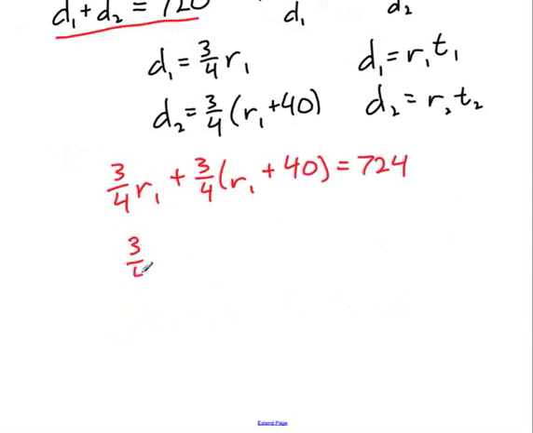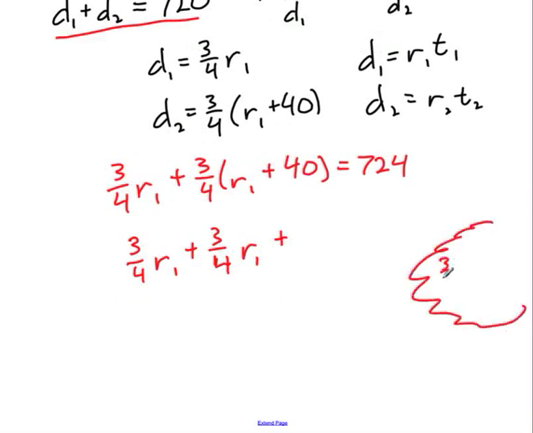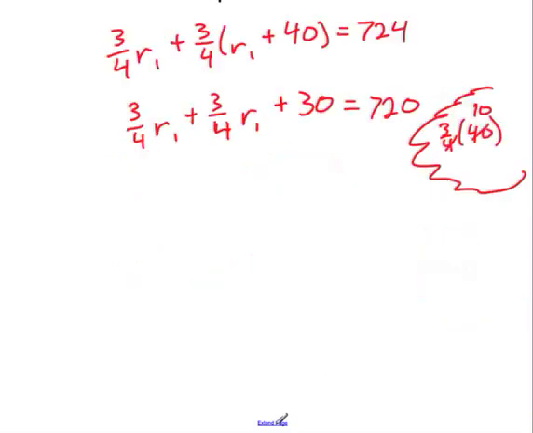So 3/4 r1 plus, now distribute, 3/4 r1 plus, for this one, let's do a little thought bubble. 3/4 multiplied by 40. Instead of multiplying first, we're going to divide first. So 4 goes into 40 10 times, and 3 times 10 is just 30. And that equals 720.